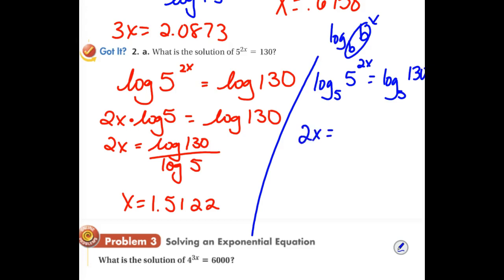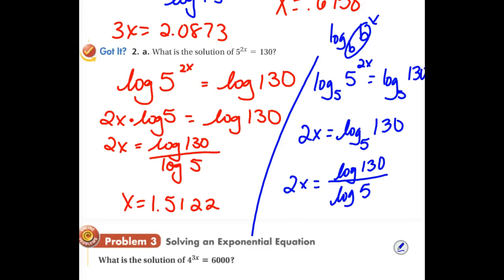I have 2x equals the log base 5 of 130, and then I'd have to use that change of base formula, right? That says this would be log of 130 divided by the log of the base. Okay, I'm getting the same thing I had in the red. Yes? It's just a different way of looking at it.